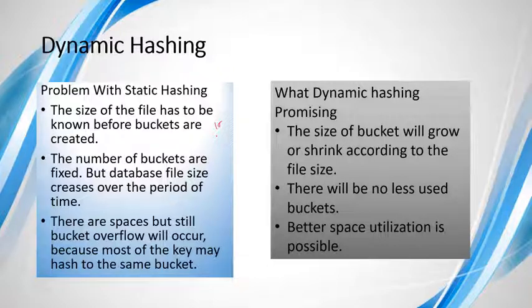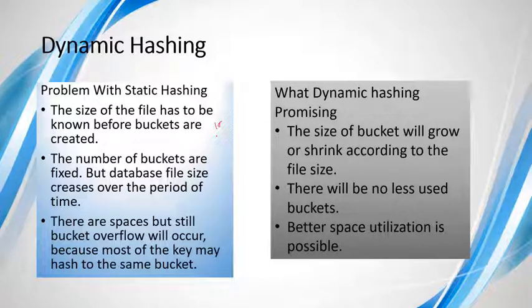So these are the number of bits. 0 means 2 to the power 0, only one slot is needed. For 2 to the power 1 we need 2 slots. For 2 to the power 2 we need 4 slots for the bucket address table. So having more slots means more buckets are being created.